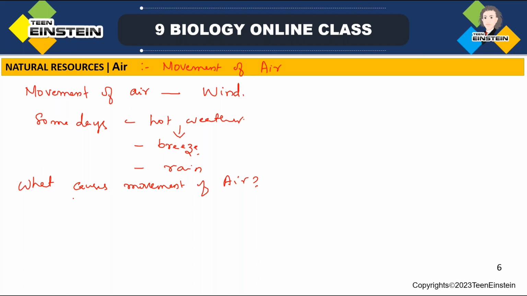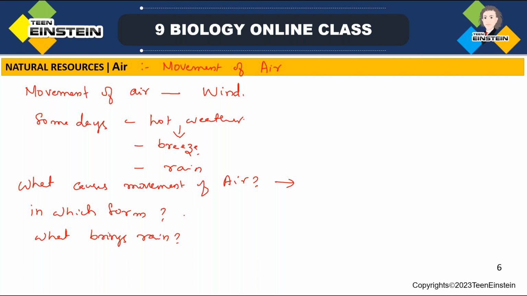Which type of movement of this wind brings rain? What is determining the movement of this air, and in which form it should move? This is another question. And which type of movement brings rain?